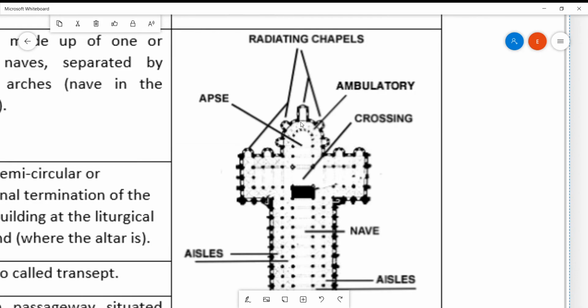Okay, the ambulatory is where the pilgrims could pass in order to see a relic that was inside or behind the altar. Okay, el altar es esa mesa que está aquí en mitad de la iglesia, que es donde se hace la misa. Pues detrás tenemos una reliquia. What is a relic?